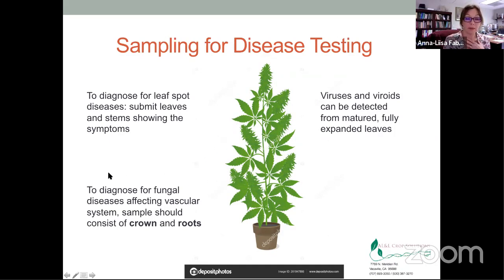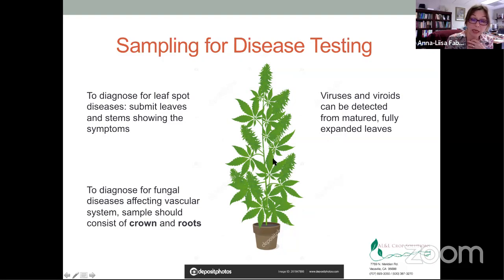But to diagnose fungal diseases that affect the vascular system, such as Fusarium wilt, we actually need samples that consist of the crown, a little bit above the soil line, and then roots. Often this Fusarium grows up here, but it doesn't grow all the way to the top.